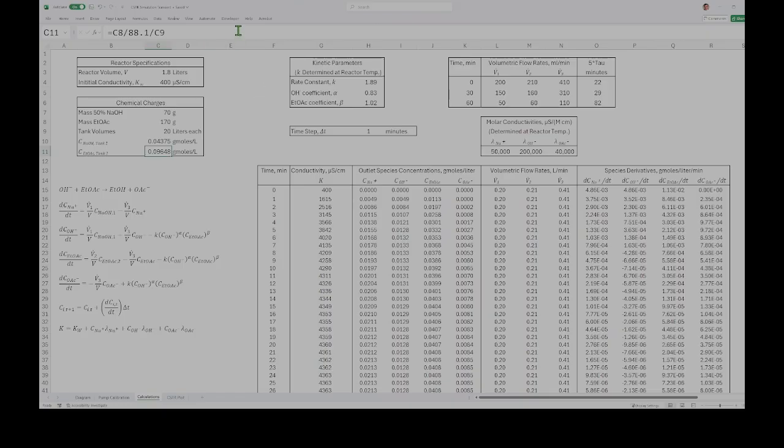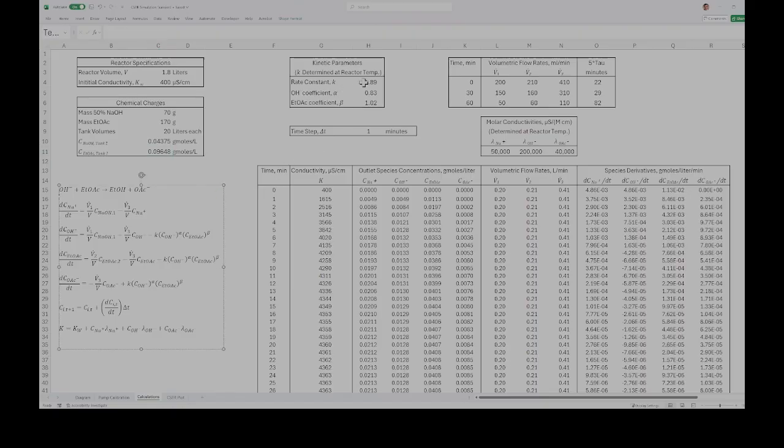Likewise, for our ethyl acetate, we measured out 170 grams. Its molecular weight is 88.1 grams per gram mole, and the volume is also 20 liters. So our concentrations coming in are calculated.